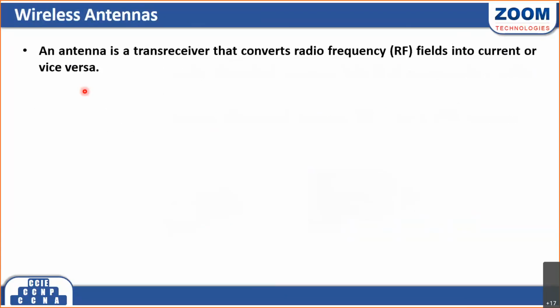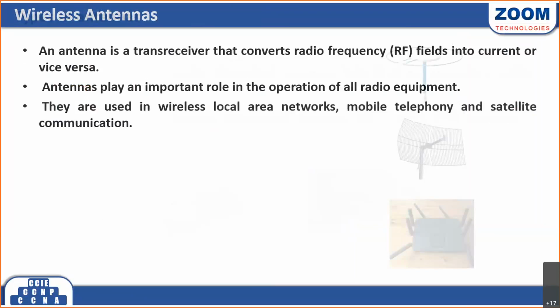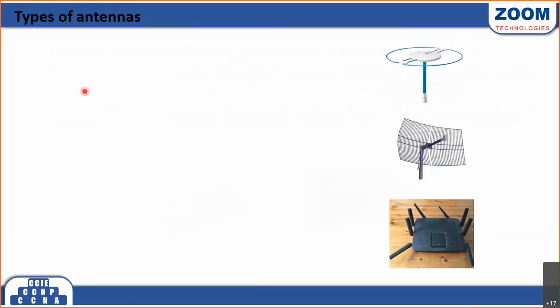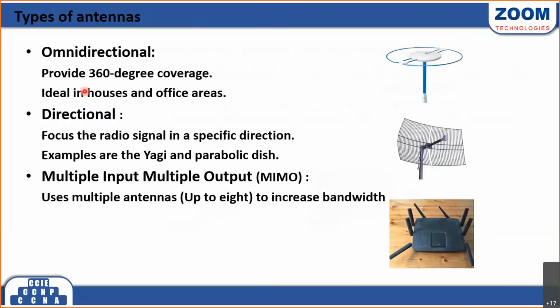Wireless antennas, as we discussed, like single receiver, single transmitter, or multiple receivers, multiple transmitters. This type of antenna, like omnidirectional, has 360 degrees coverage, ideal for houses and office areas. And directional, which is your traditional antenna, like the olden days TVs. If you move in this direction, then the picture will come.